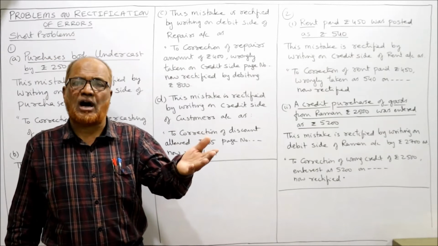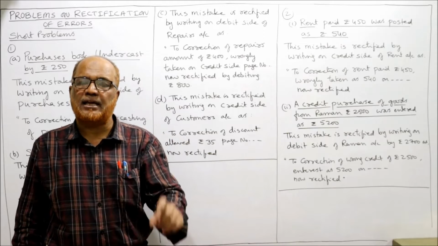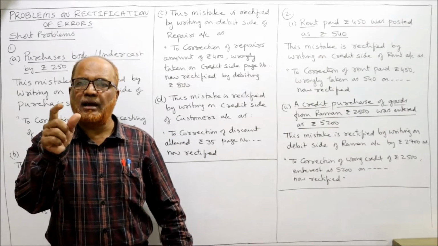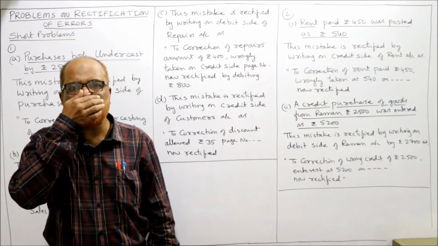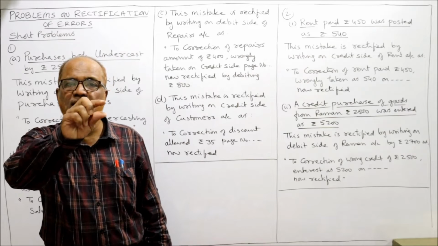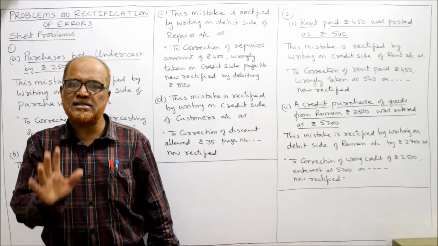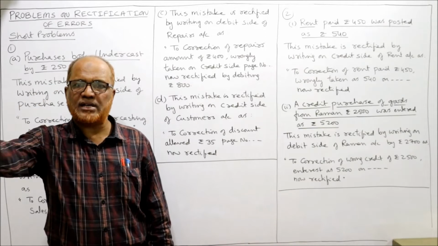When we allow discount, it is a loss, and the accounting principle is to debit all expenses and losses. So we have to debit the discount allowed account, debit to customer's account. This is the correct journal entry for discount allowed.